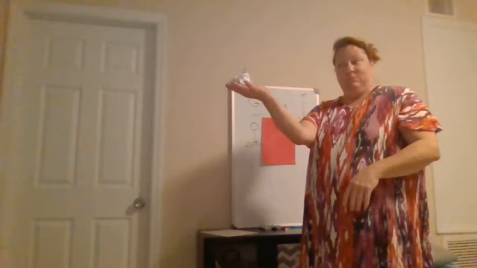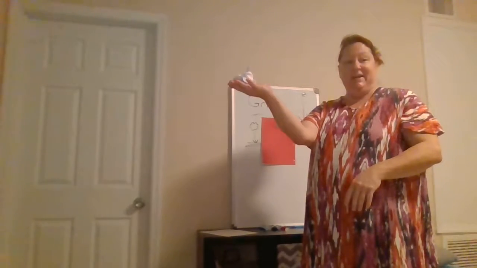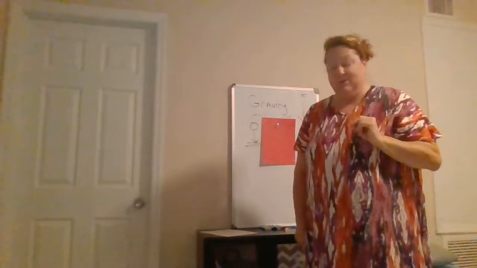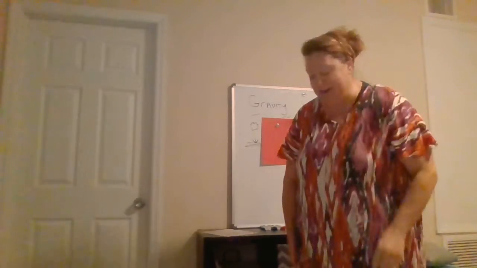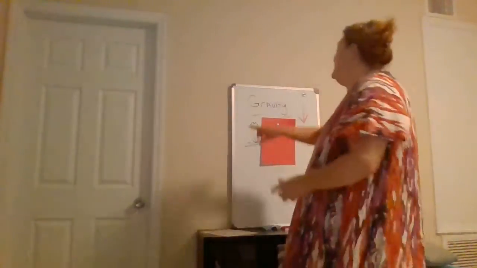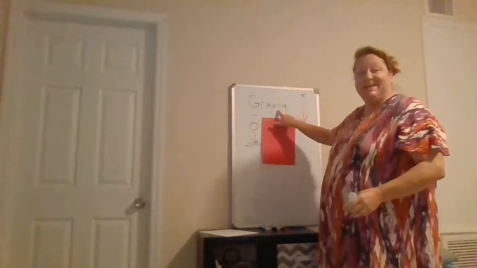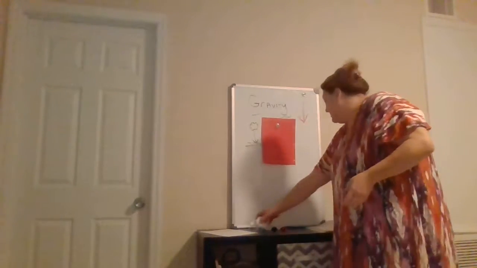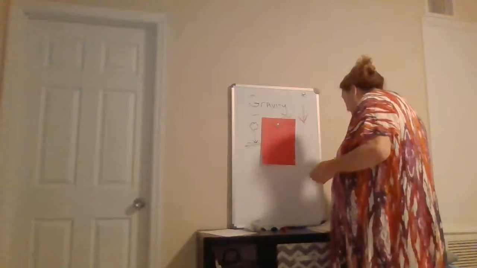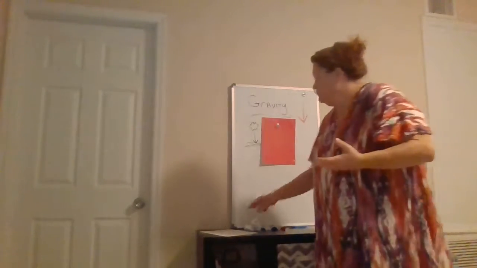Or if we drop it and our hand is there to stop it, our hand is holding it, right? But if there's nothing to stop it, gravity pulls it right down to the ground. This is gravity.